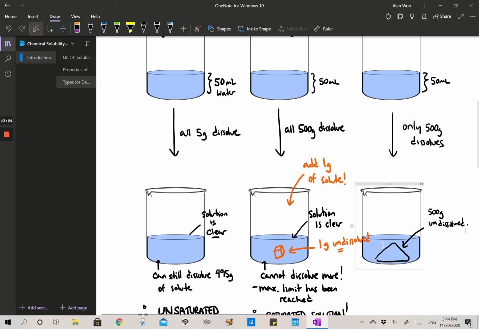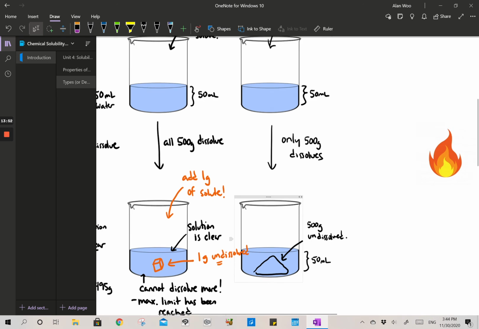Now, in this type of solution, let's say I wanted to dissolve that extra 500 grams. What might you do? Well, you could add more water. That would certainly dissolve it. But if you only had 50 mils, and you cannot add more, but you wanted to dissolve all that extra, then we could just add a little bit of heat.